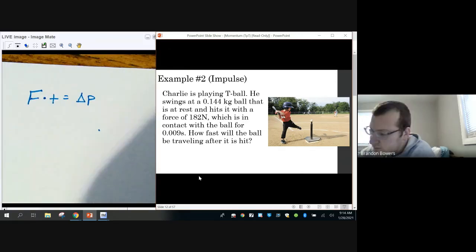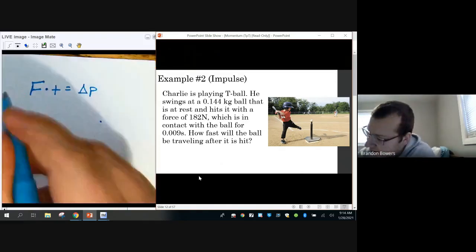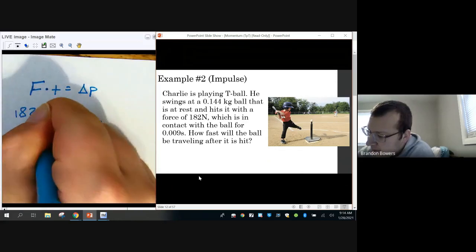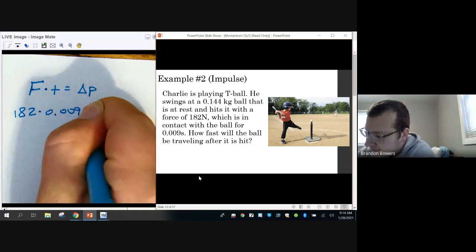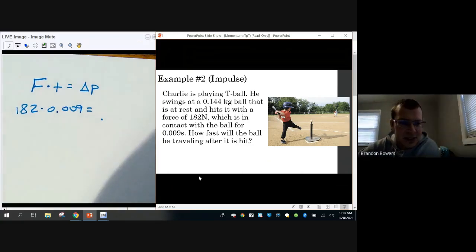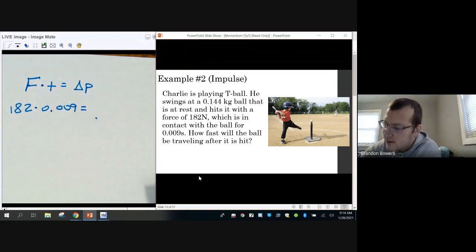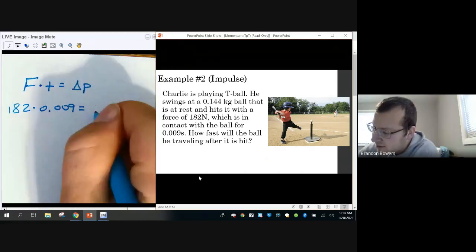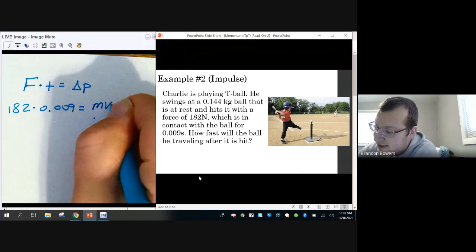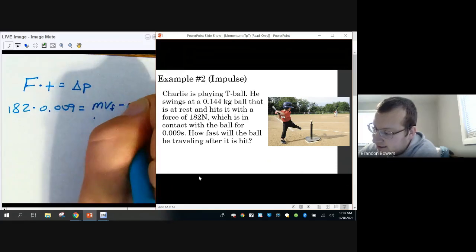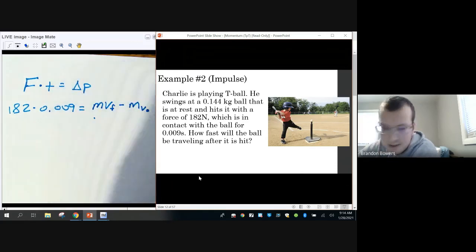So my force is 182. My time is 0.009. That is equal to my change in momentum. Well, my change in momentum is my mass times velocity final minus my mass times velocity initial.